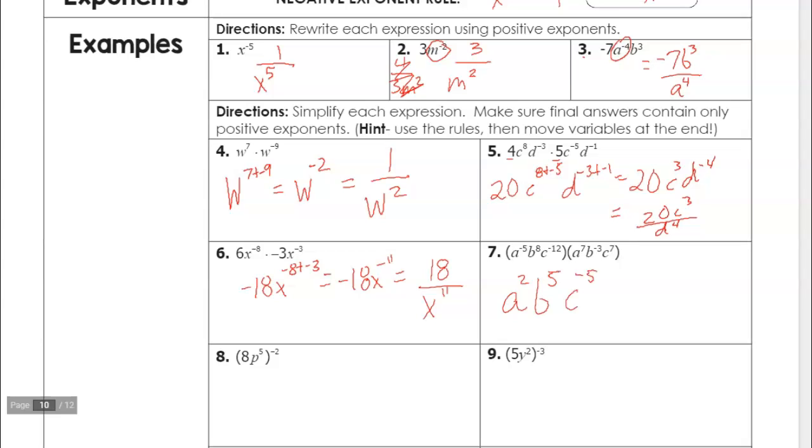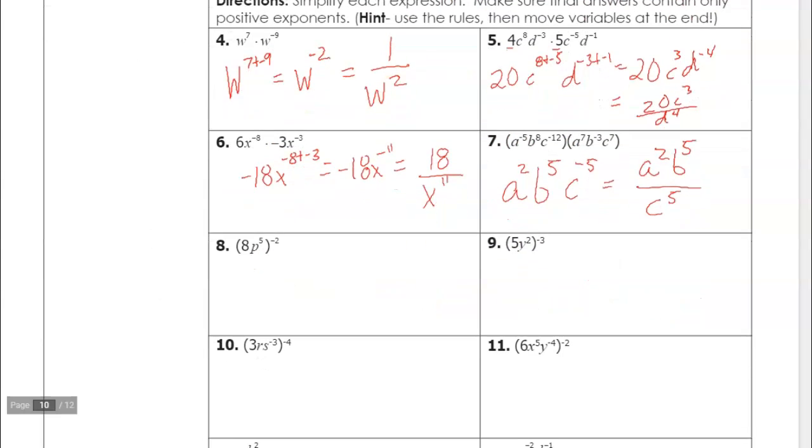So I need to see that step there because I'm following this up here. I applied my rules. Now we're going to move our variables at the end. So there's an intermediate step that I should see. A squared, b to the 5th, and c to the 5th goes to the bottom.